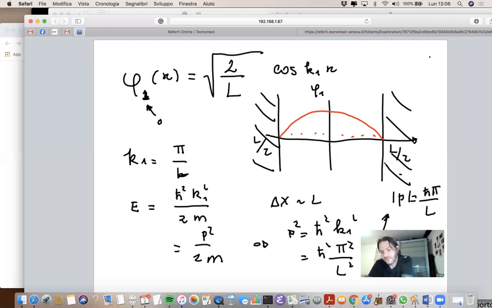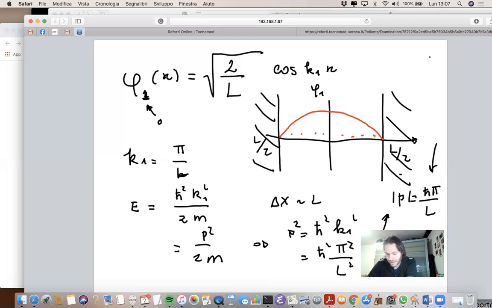We already went through the fact that there is a zero-point energy because, because of the uncertainty principle, I'm confining the particle to be in a fixed region. The particle is not completely delocalized, as a result of which there has to be some uncertainty in momentum. The uncertainty in momentum is due to the fact that I know the modulus of the momentum, but I do not know the sign of the momentum.